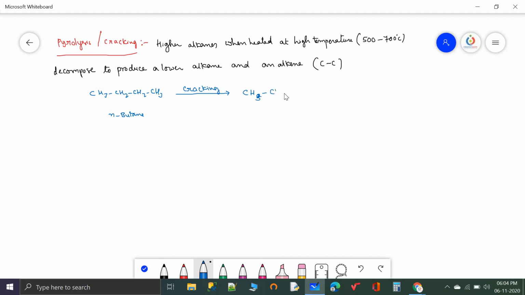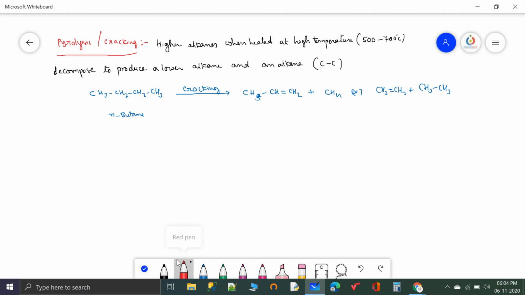The expected products, only a few I am writing here: propene molecule, methane molecule, or you will get the ethene molecule and ethane molecule. This is just to know the method, but these methods we do not follow. These are not good methods to get a good yield of the products.